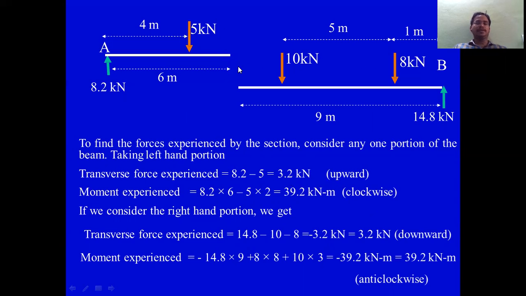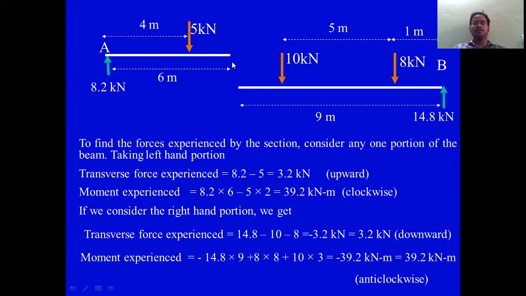Why 3.2 kilonewton? The resultant force is 8.2 kilonewton minus 5 kilonewton, and the remaining is 3.2 kilonewton. It acts in the upward direction because 8.2 kilonewton is greater than 5 kilonewton, so the resultant force will be upward.